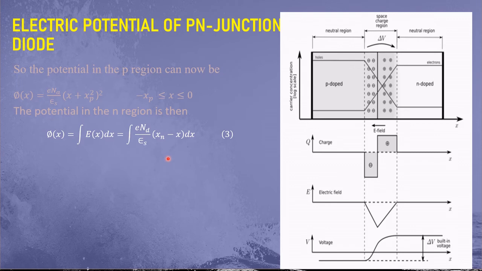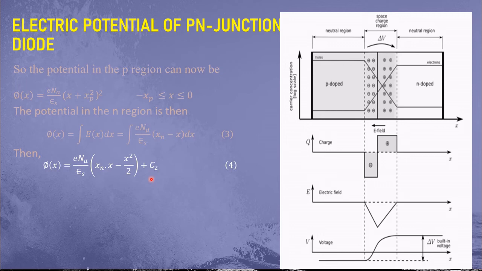If we integrate this, we get phi(x) equal to q N_D divided by epsilon_s times (x_n times x minus x square by 2) plus C2, where C2 is another integration constant.